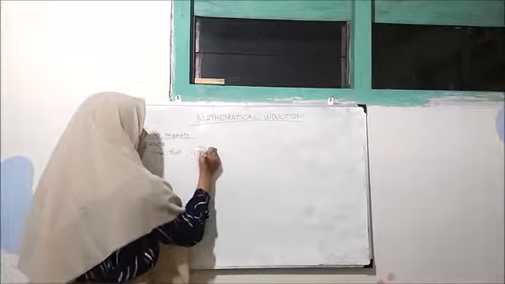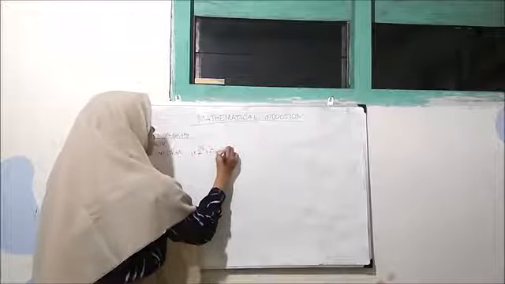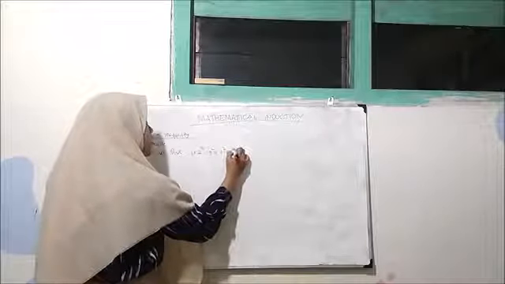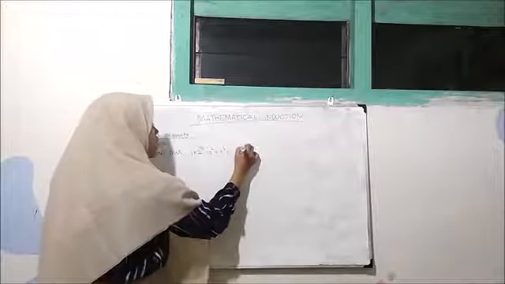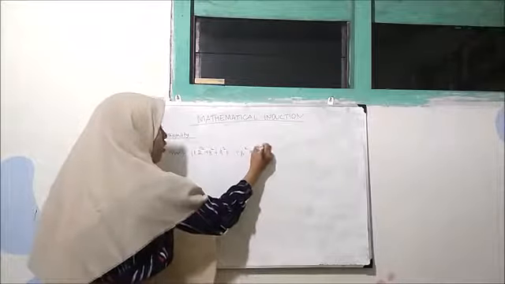For example, 1 plus 2 square plus 3 square plus 4 square and so on until n square is greater than n cube over 3.